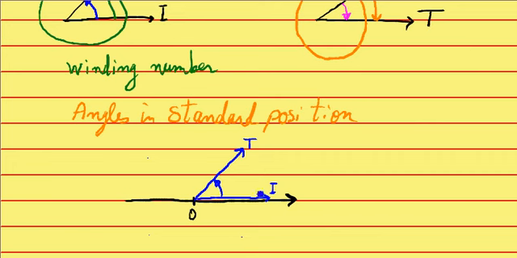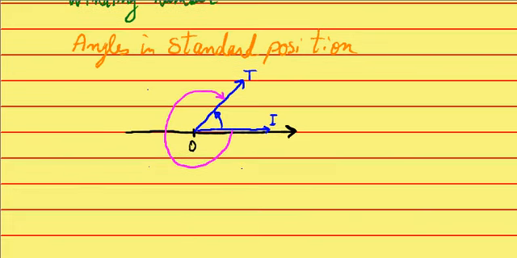Remember, if you have an initial and a terminal side, that by itself does not clarify what the angle itself is. So it could have been this is the initial, and then I traveled in counterclockwise fashion, and then I ended up at the terminal side. So you need the initial side, you need the terminal side, you need the direction of movement, and you need the winding number to actually specify an angle.